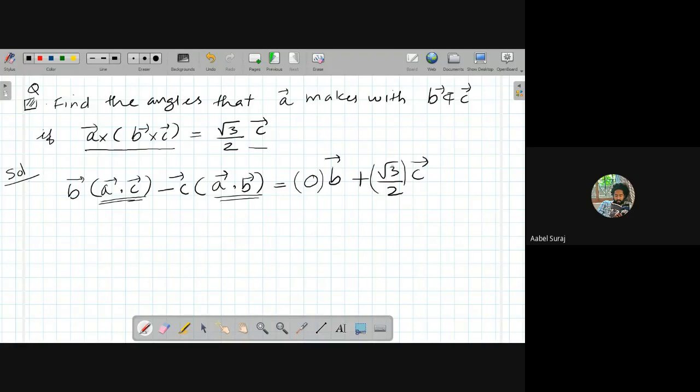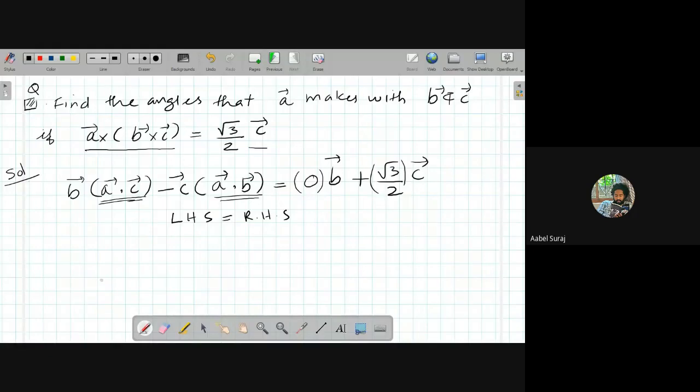Now if you compare the LHS and the RHS, what idea do you get?